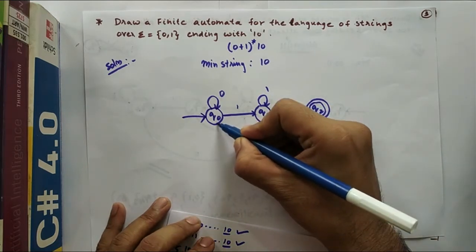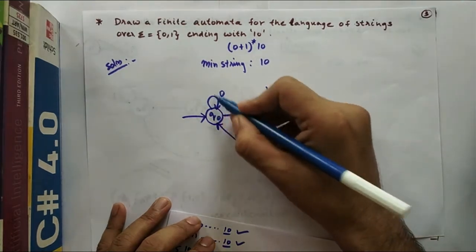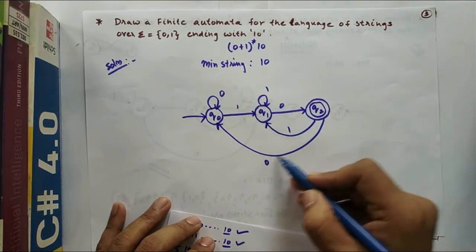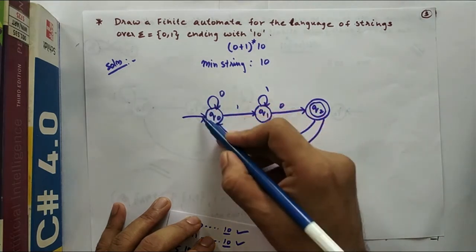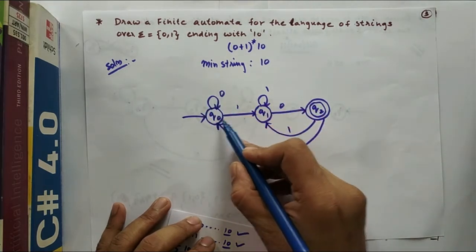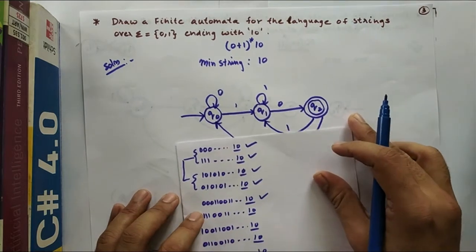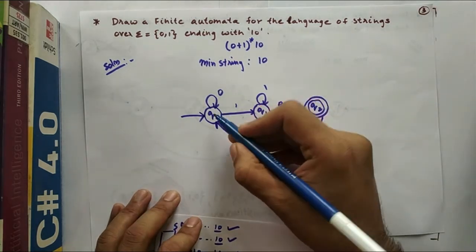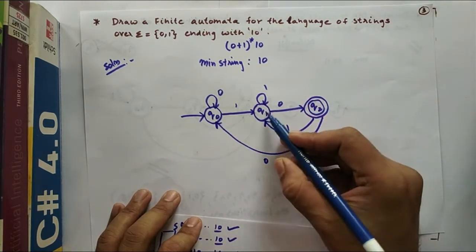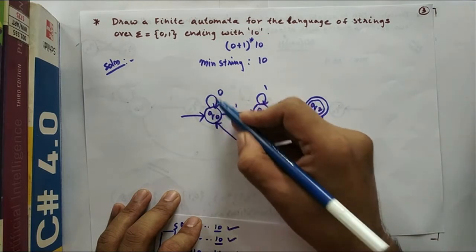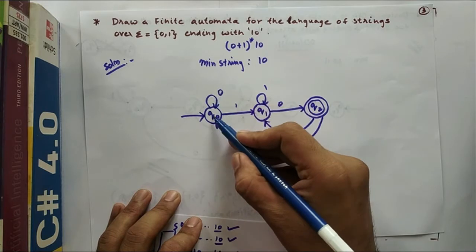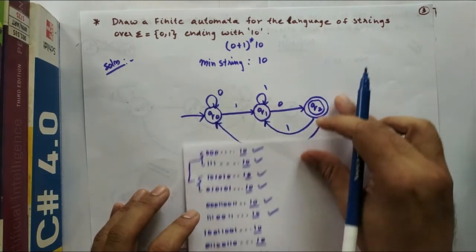So you can just connect here: first 0 and then n number of zeros, 1 and n number of ones, then again n number of zeros, and so on, ending with 1 0, accepted. Then some ones, some zeros, some ones, some zeros, and so on, ending with 1 0, accepted.